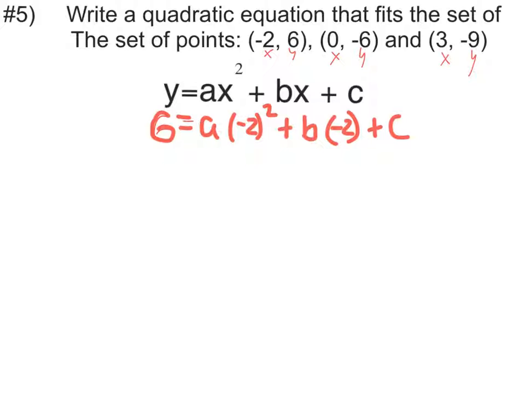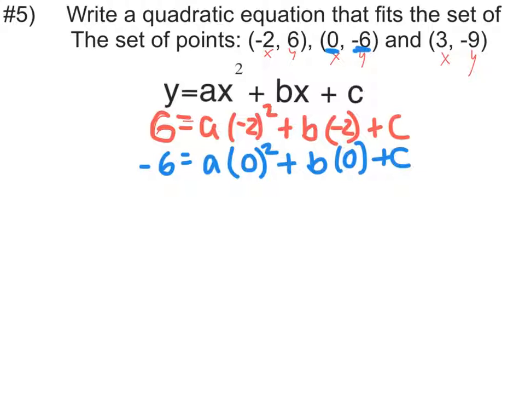Let me go to my next equation, from my next point, which is 0 for x and negative 6 for y. So I'm going to put a negative 6 in the y place, and then equals a times x, but x is 0 in this second point, plus b times x, which is still 0, plus c.